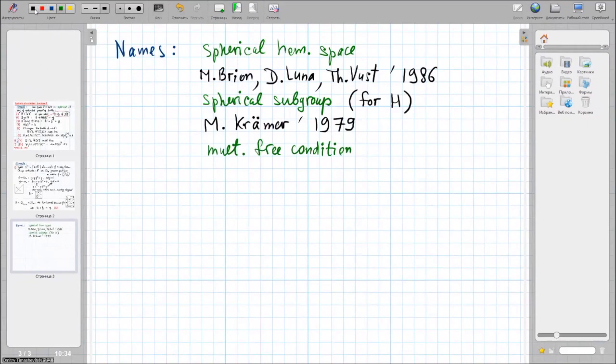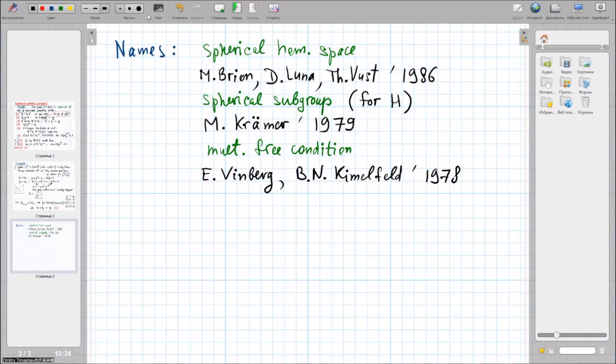This goes back already to Vinberg and Kimelfeld of 1978. Though they didn't use the name spherical, they didn't speak about spherical homogeneous spaces, but essentially they proved that conditions from 5 to 8 are equivalent to conditions from 1 to 4. Okay, so this is about names.